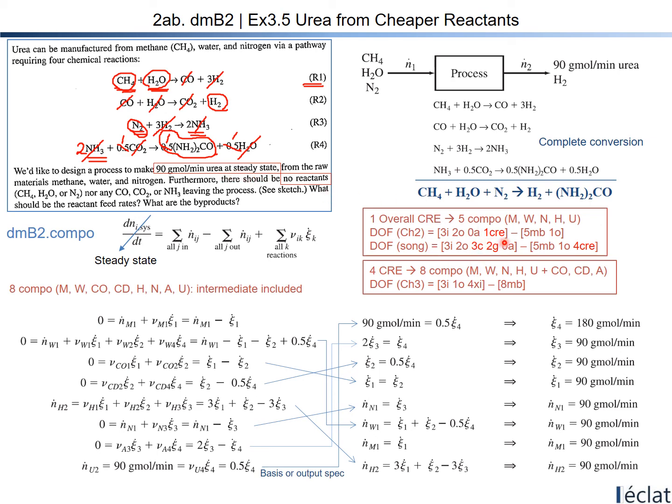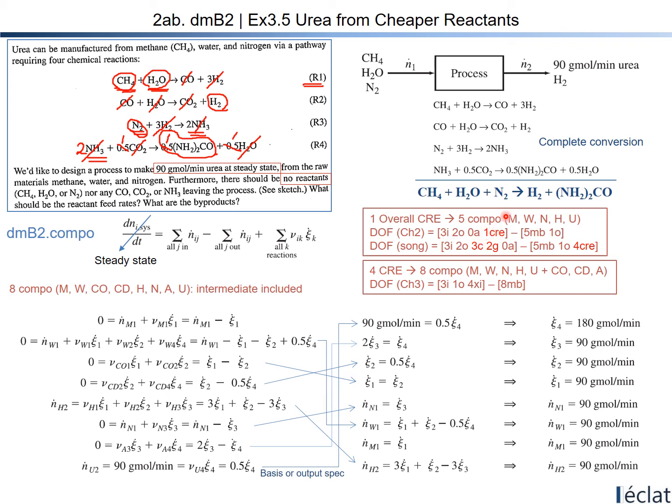And then the other thing is the number of chemical reaction equation. I have said we will focus on the overall chemical reaction equation because we don't need to think about the intermediates. So 1 chemical reaction equation. So total number of freedom is 5, 6, 6.